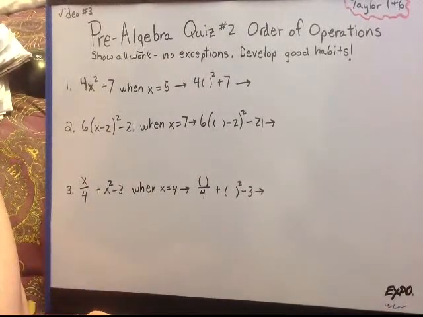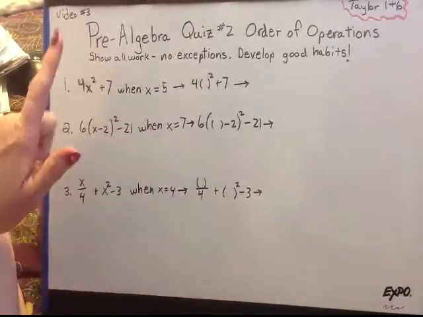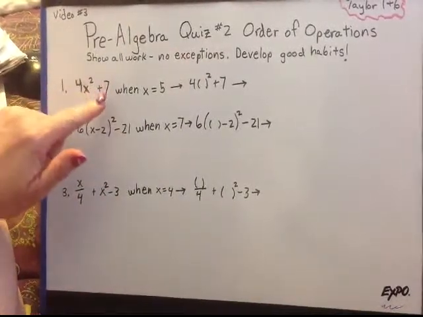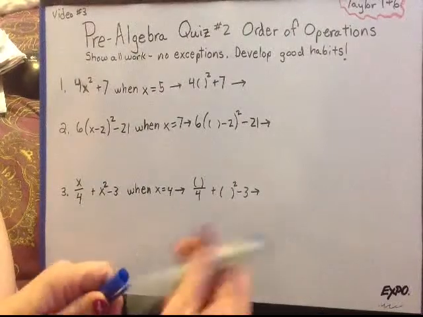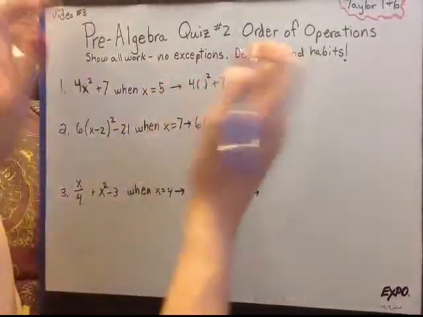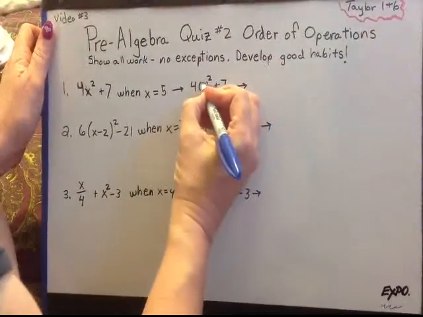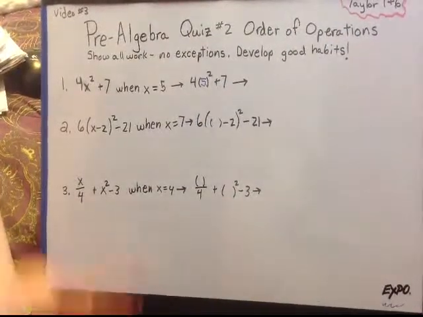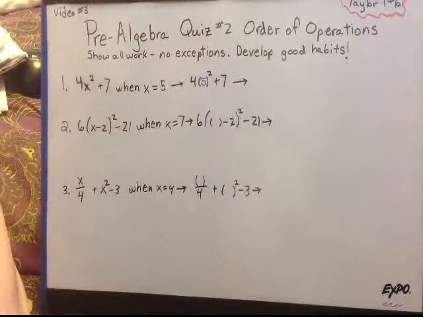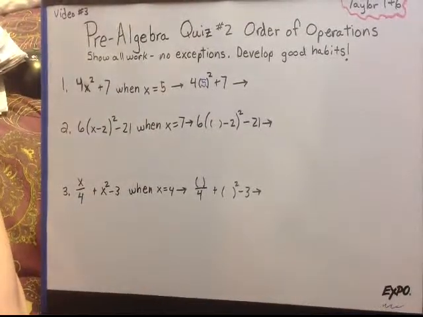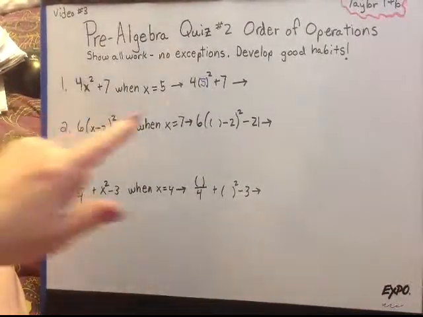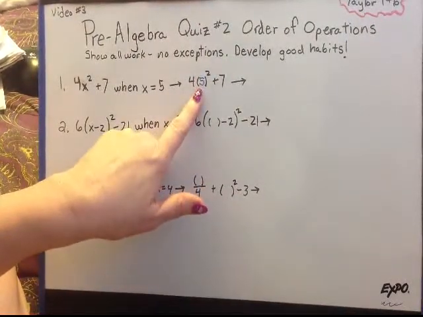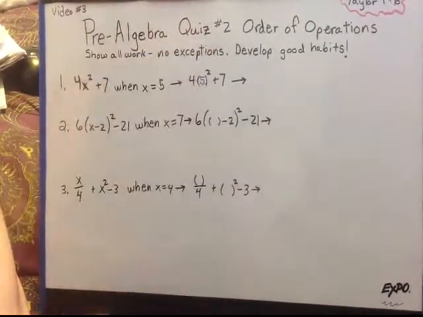Okay, so the first question on your quiz said 4x squared plus 7 when x equals 5. So the very first thing that I'm going to do is I'm going to go ahead and put 5 in the place of those parentheses that I put there. Now, a very big mistake that I saw on your quizzes, you all, was a lot of you guys multiplied 4 times 5 and got 20 and then squared the 20.